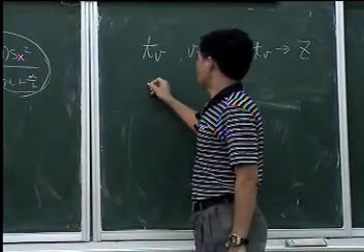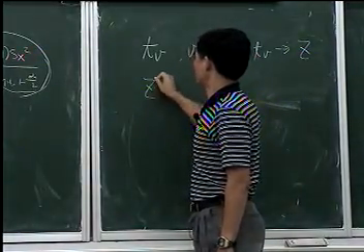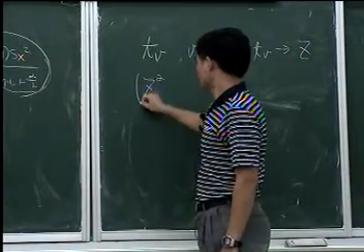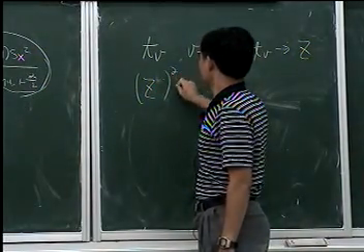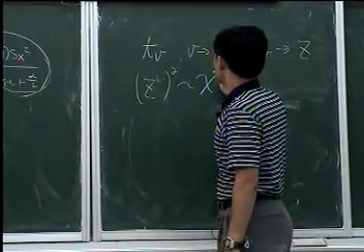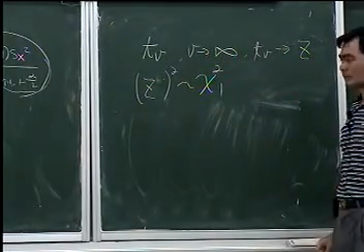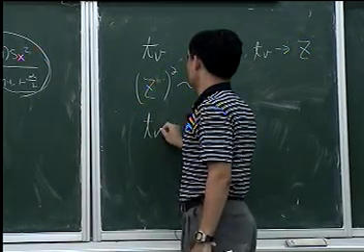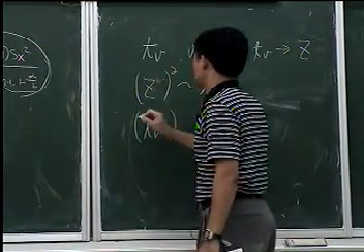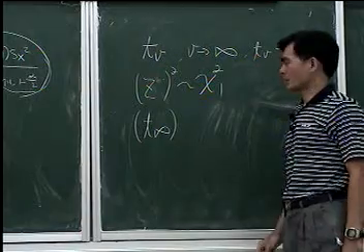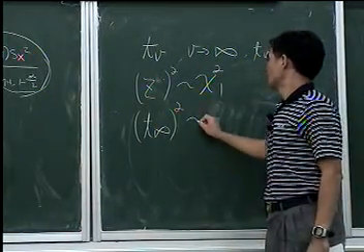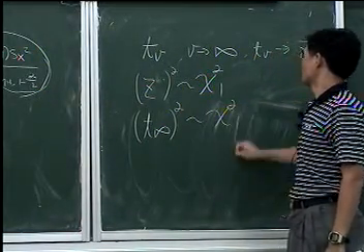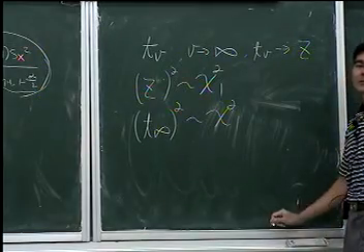And in this case, we say z squared is chi-square with degrees of freedom 1, right? So what does that mean? That means if the degrees of freedom is infinity, then also that is chi-square with degrees of freedom 1.